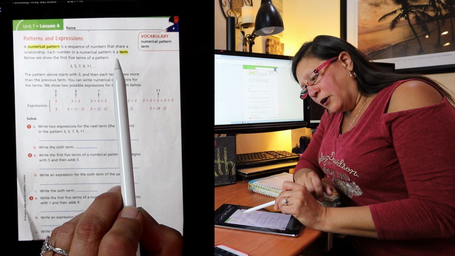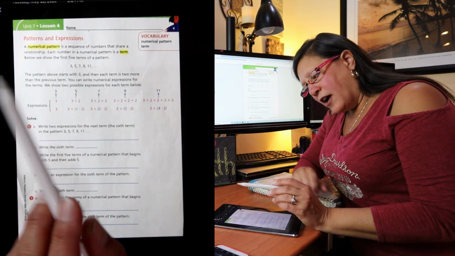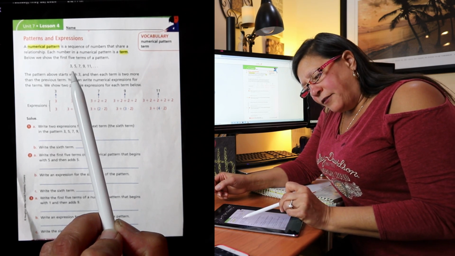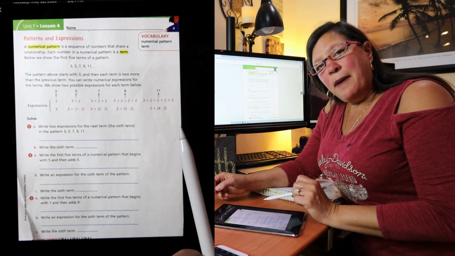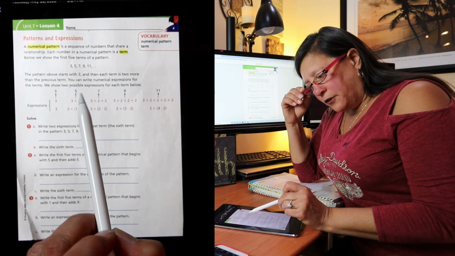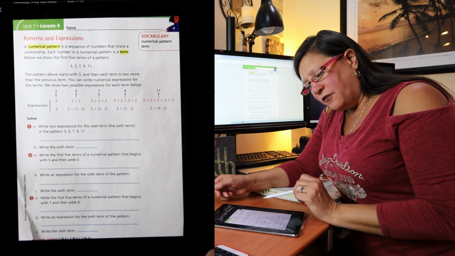Each number in a numerical pattern is a term. Below, we show the first 5 terms of a pattern. Here we have 3, 5, 7, 9, 11. Obviously, that pattern is odds. Those are odd numbers. The pattern above starts with 3, then each term is 2 more than the previous term.